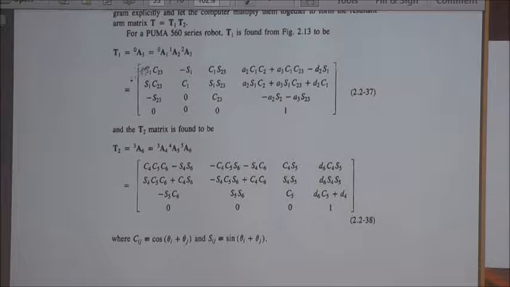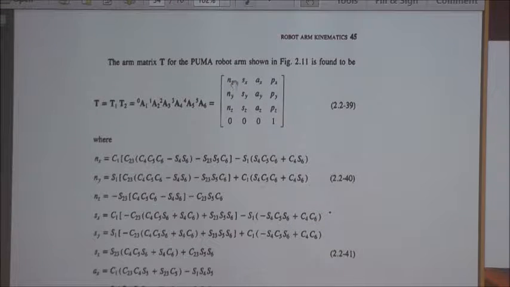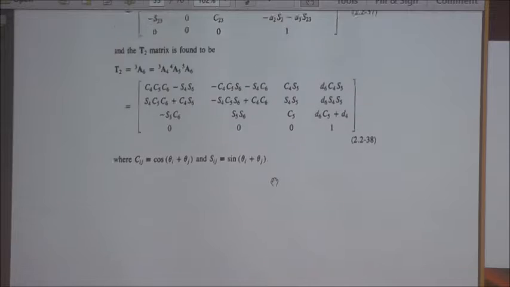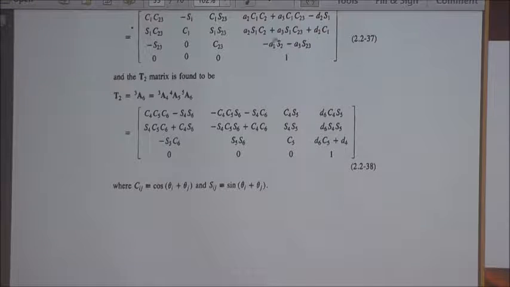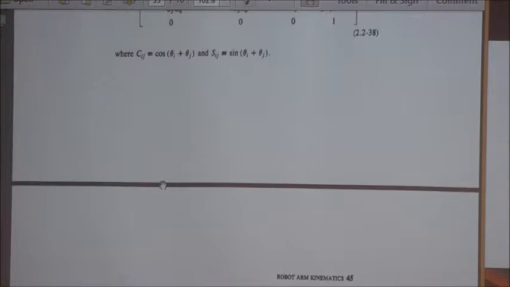If I multiply this row by this column, it gives one element of that matrix. One element is what? It is nx. If I multiply the second row by the first column, I get ny. I multiply the second row by the first column of the E2, I get this.